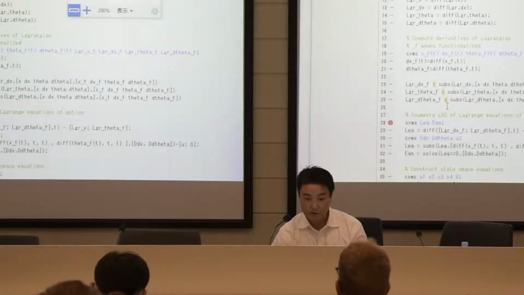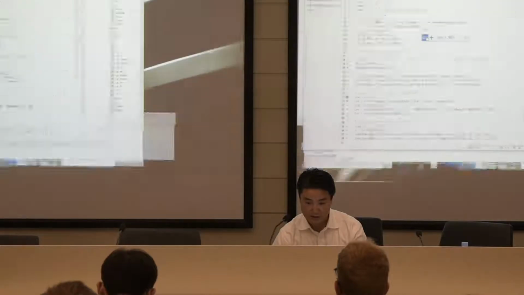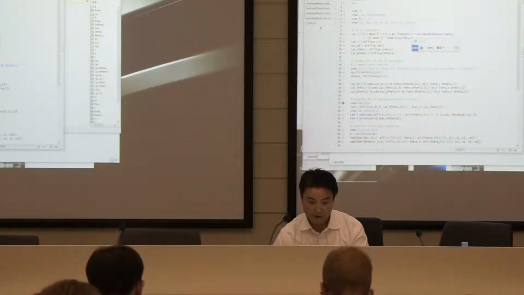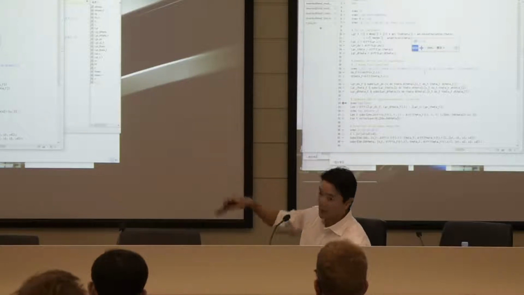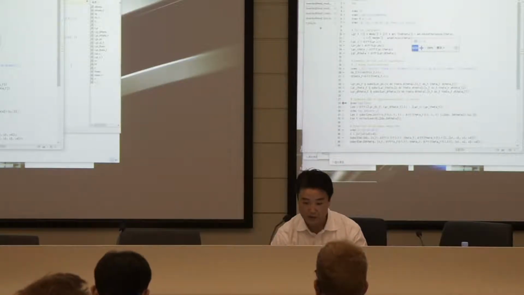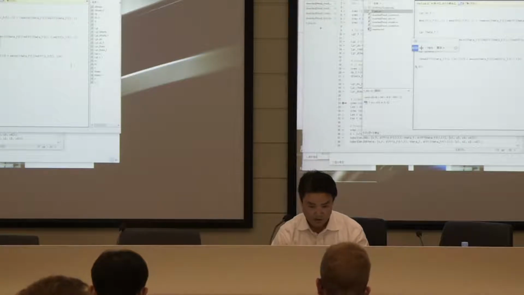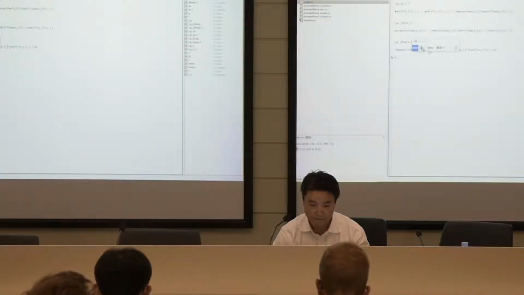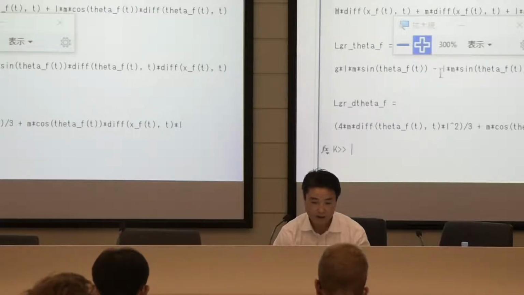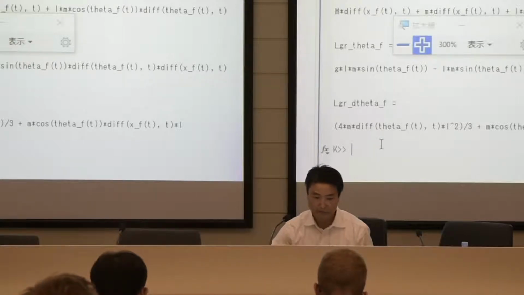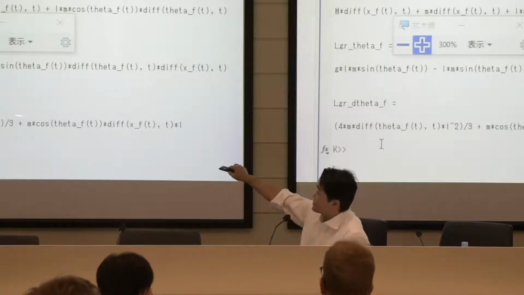So by using this debug mode, you don't get annoyed by all the results after this part, but you can see what is computed here. So, for example, I showed here the result of a derivative. You can see, for example, the last one is the derivative of the Lagrangian with respect to theta dot.